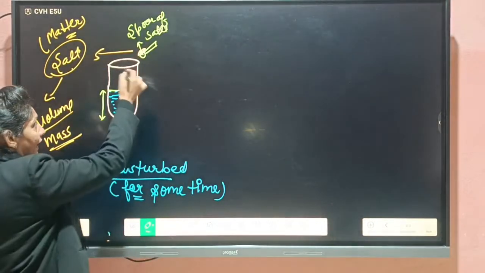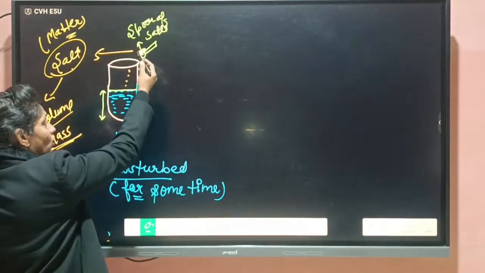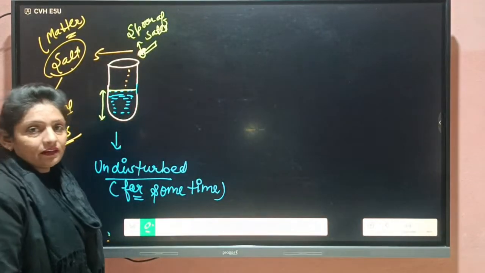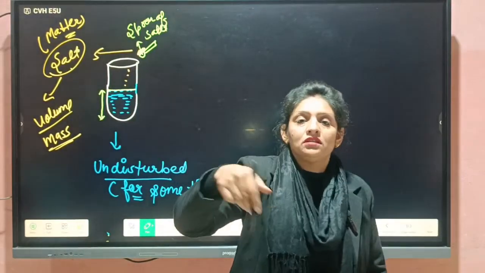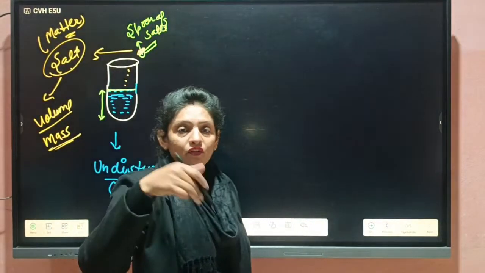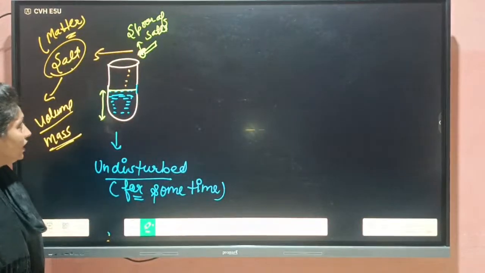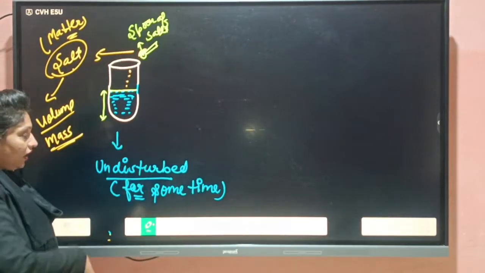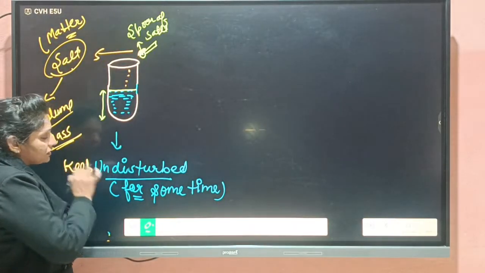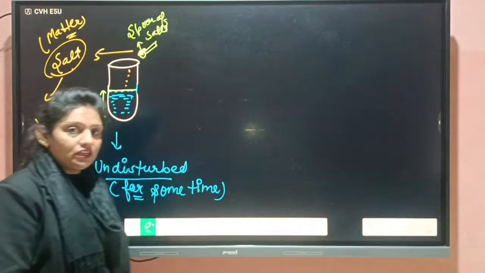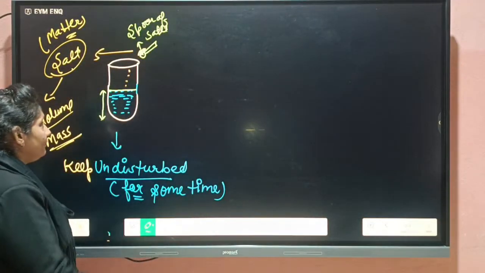And if we are adding this salt in this glass, then you will stir well. You will mix that salt completely in that water. And after that, again you will keep that glass of water undisturbed. Again you will measure the level.